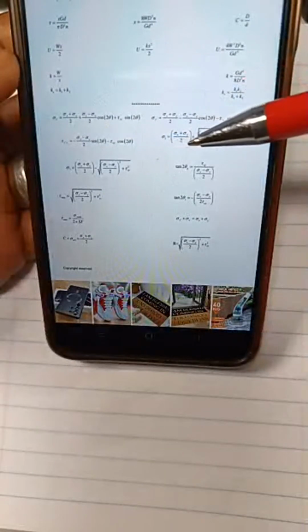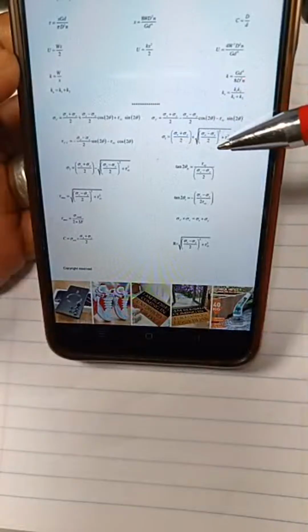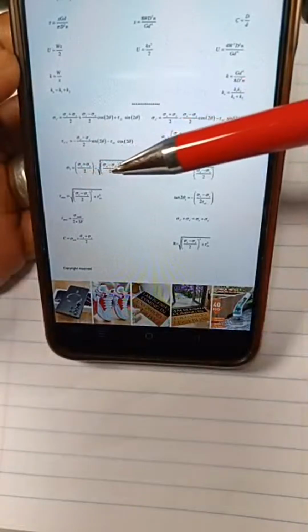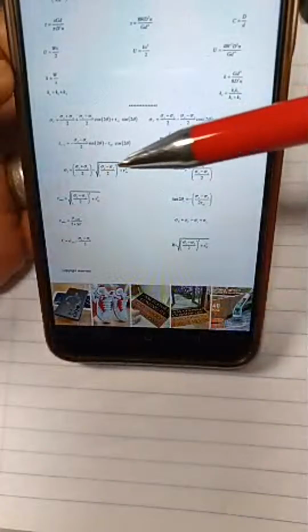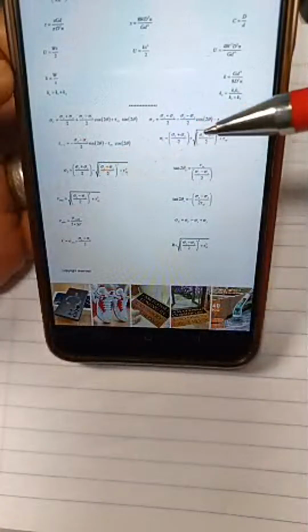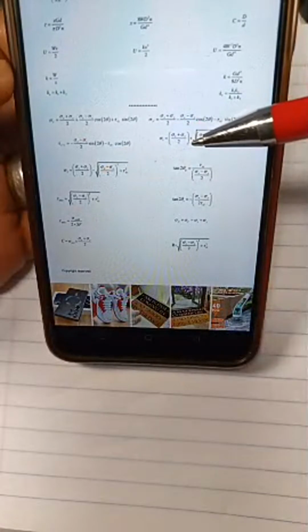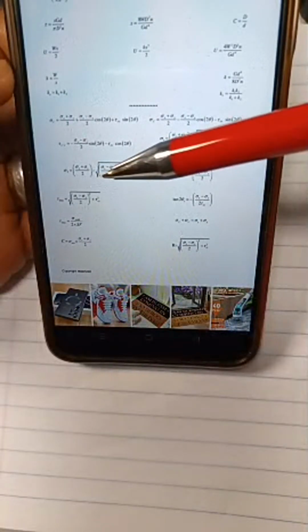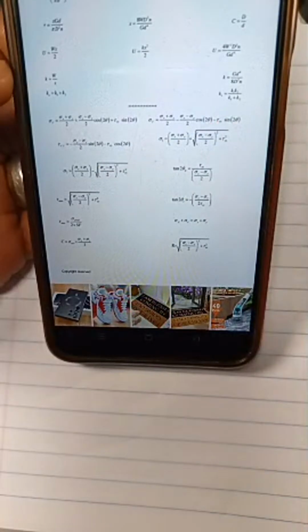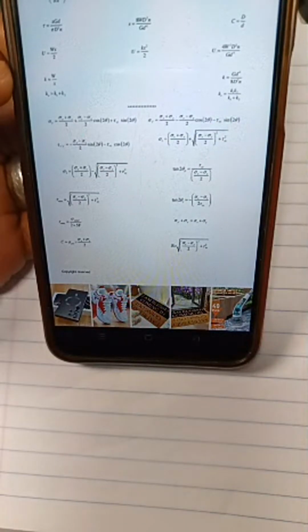Now, stress 1, this is the principal stress. Stress 2, this is the principal stress. So you will take those formulas to calculate, and you'll notice that they are the same except the sign there and there. This sign is positive, that sign is negative. That's the only difference. Otherwise, everything else is the same.